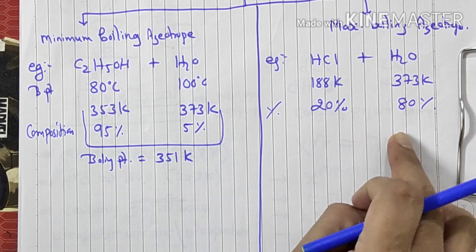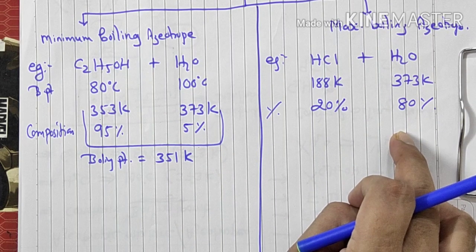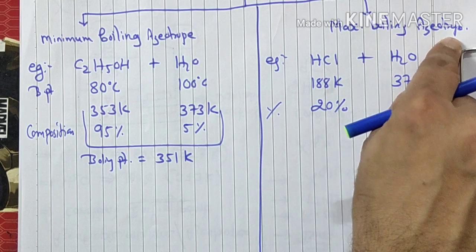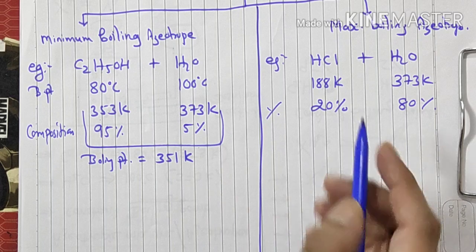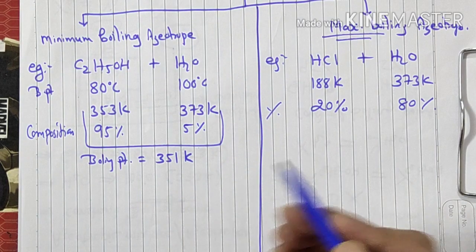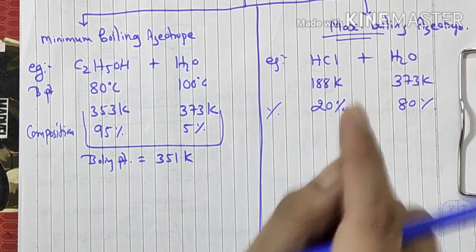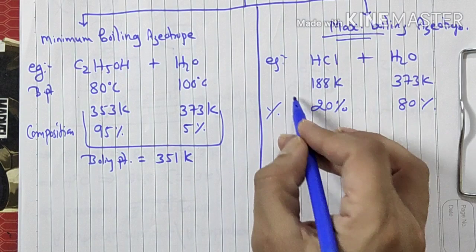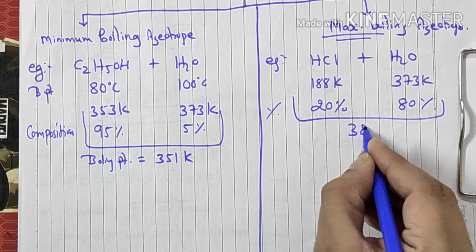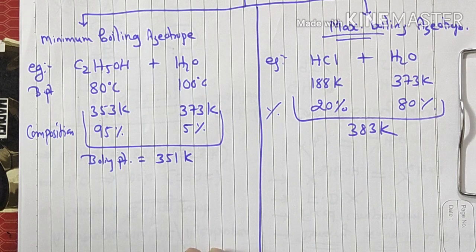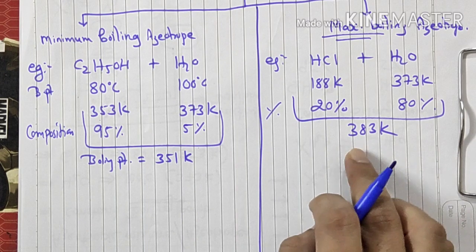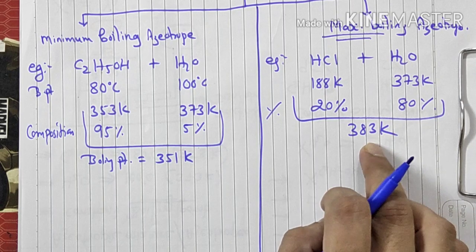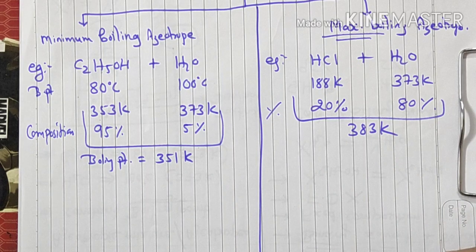This composition has to be maintained for a solution to be showing maximum boiling azeotrope. Clear? 20-80%, right? And it will show maximum boiling point. Maximum boiling point means what? The boiling point will be greater than 188 and 373. इन दोनों से boiling point इस mixture का ज़्यादा होगा. कितना होगा? 383 Kelvin, student. Right? The boiling point will be 383 Kelvin. Got that? Okay.